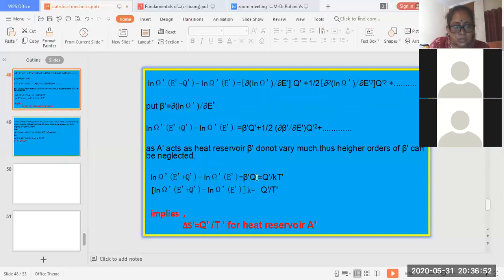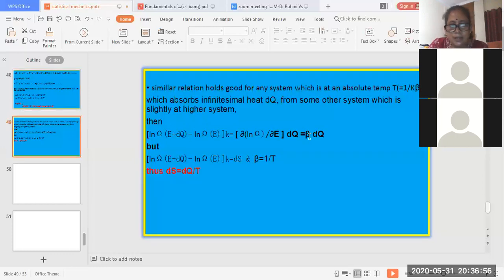Okay. So that's why this equation in general comes out to be beta times, instead of q dash I am writing here dq, because the energy change, I mean the heat absorbed, is dq. So instead of q I am writing it as dq here. Okay.